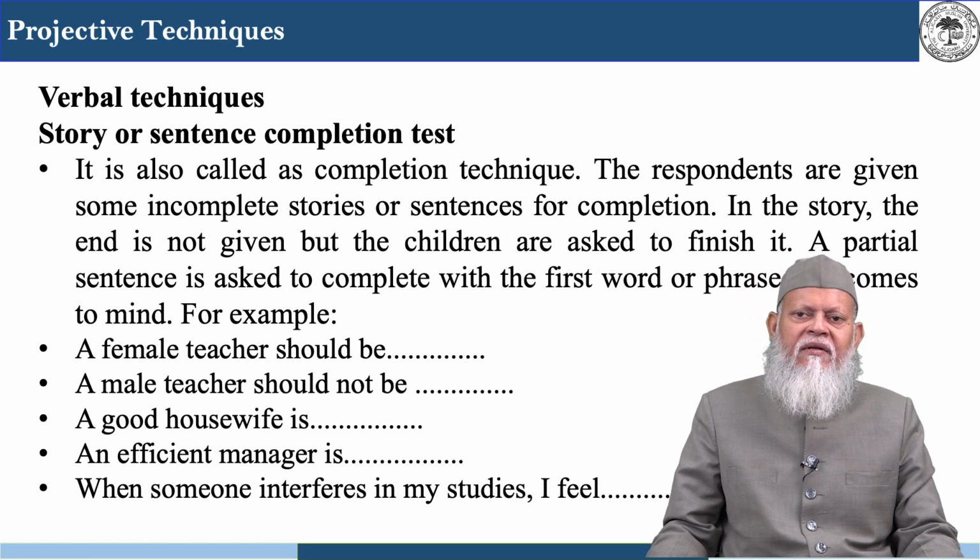What the respondent attributes to the good housewife is what he has in his own mind, and that way the researcher has dug out the attributes or qualities of a good housewife in that respondent's mind, and that way the data is collected.